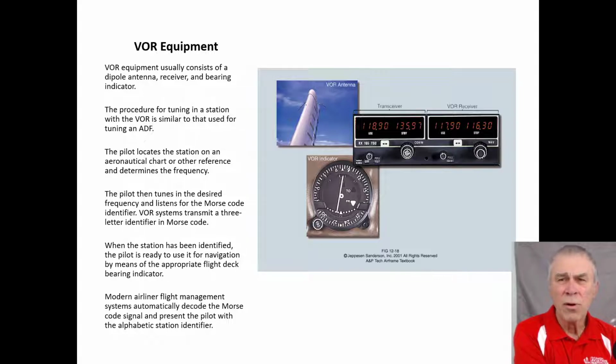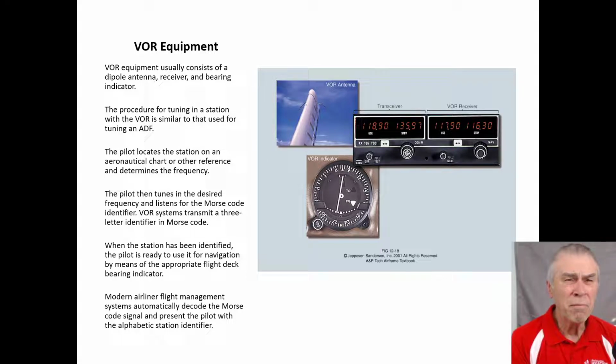Pilots will learn how to use this equipment. They locate a station on the aeronautical chart, which is the map, or some other reference, which is the internet, and determine the frequency that's being broadcast by that particular VOR station. Then you tune to that frequency, and you listen for the Morse code identifier to verify that you have the right station.